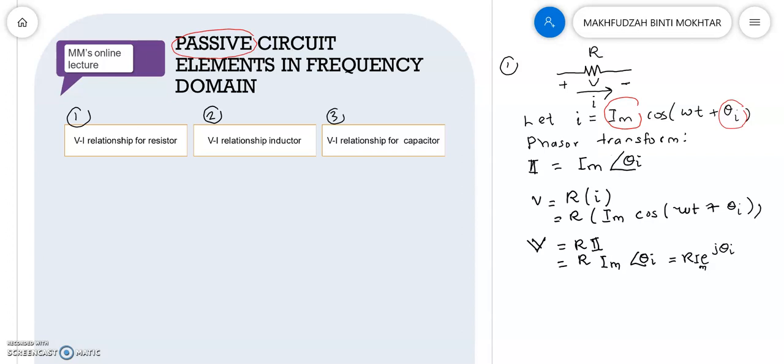It is very straightforward: for the resistor, it has the equation V equals RI. Now I can rewrite here that this V equals IR.